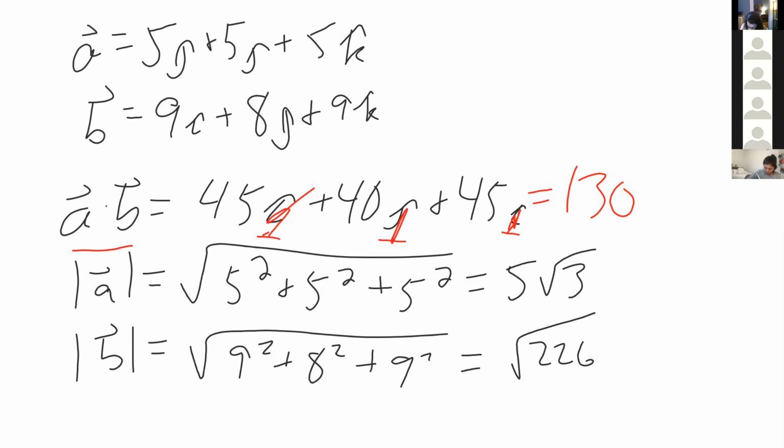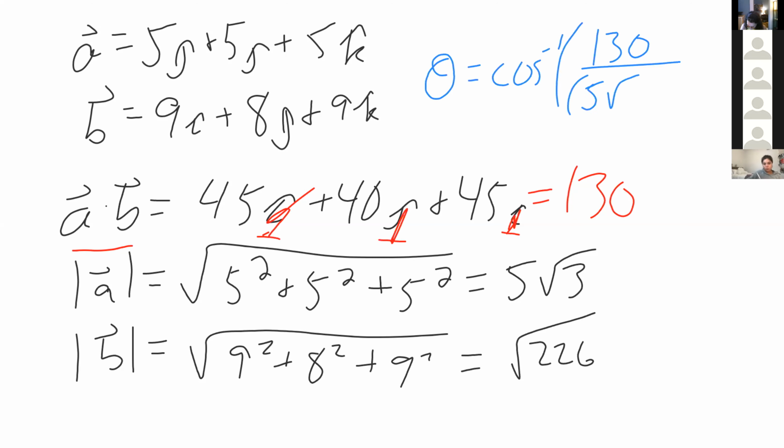So theta is equal to the inverse cosine of the dot product, 130, divided by 5 root 3 times the square root of 226, or whatever yours are. And you can just plug that whole expression into your calculator and it'll come out.